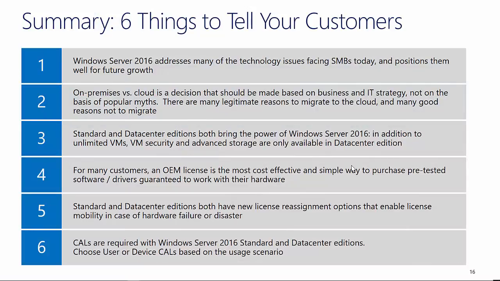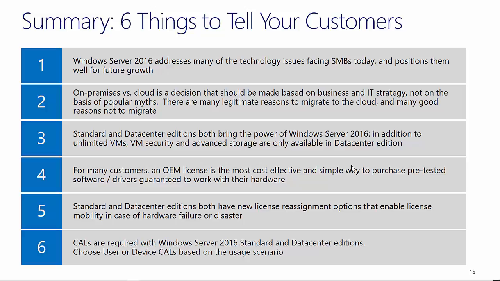So the summary of the Windows Server 2016 launch content: it addresses a lot of the issues that SMBs are facing today and really starts setting them up for great growth. And this is really regardless of whether the customer is looking to keep technology on-prem or looking at doing some degree of cloud integration. So it's really up to you and your customer to figure out what the steps are to move particular workloads to the cloud.